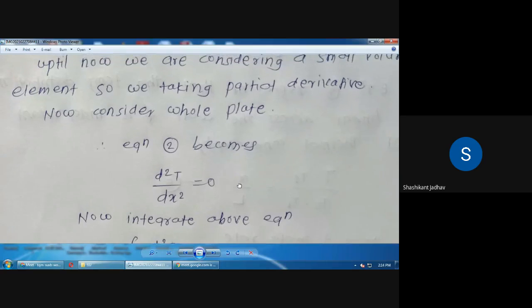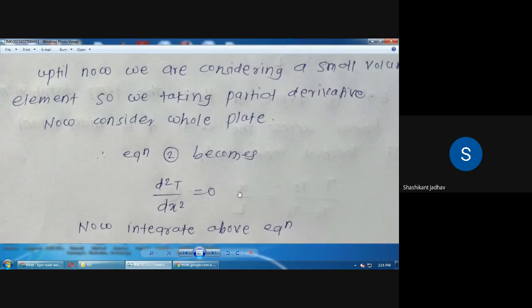Okay, now integrate the above equation. Can anyone tell me what is the integration of d²T/dx² is equal to 0?